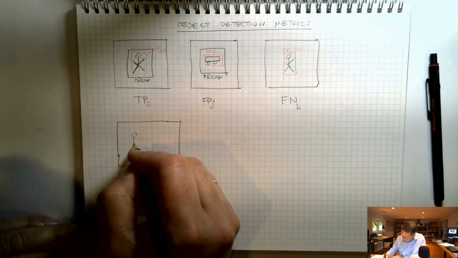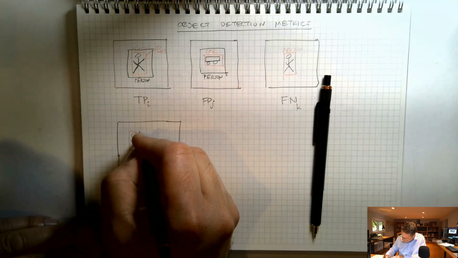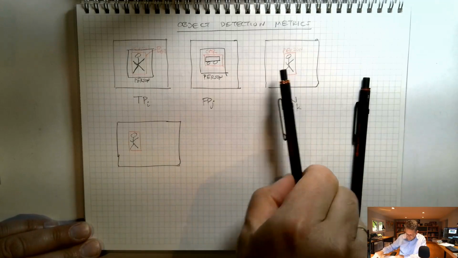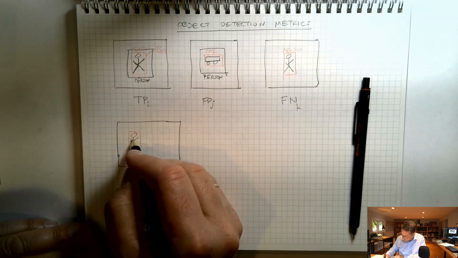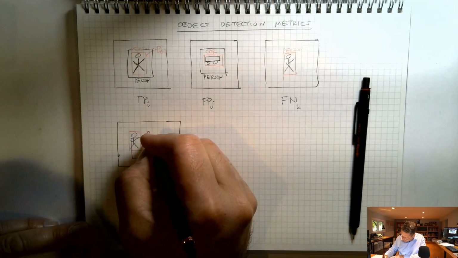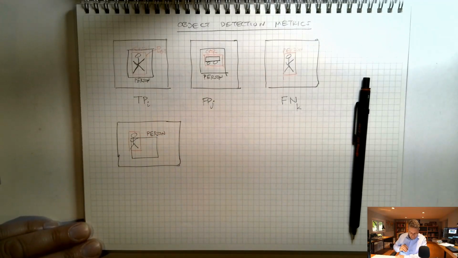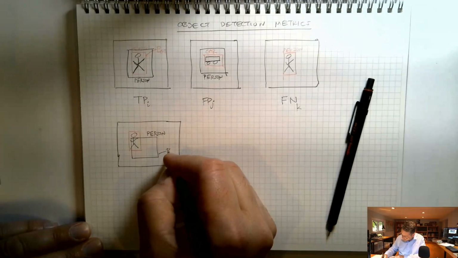So let's imagine that I have here the class person, and I have a tight bounding box around it, and this is the ground truth bounding box, and my predictor is placing a bounding box like this, and it's correct. The class is correct. Let's call this Bpred.